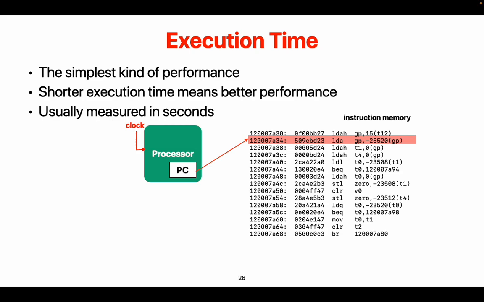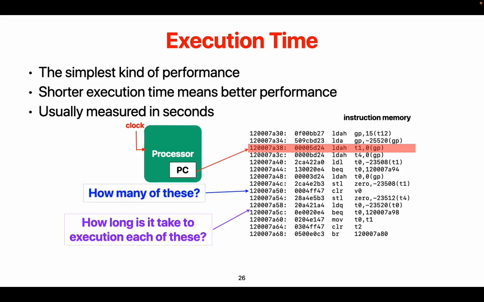The next thing is that we execute the program instruction by instruction, so it matters how many instructions we have to execute in total. When I say instructions here, it's actually the dynamic instructions, which means how many instances of instructions you need to execute in your program. That total is the instructions per program.